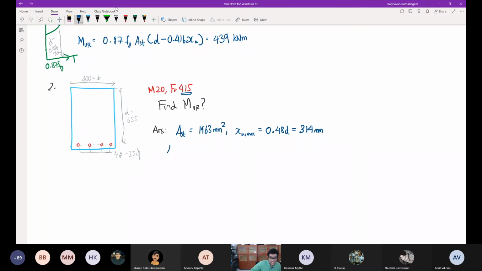Now again the same thing. Let's assume it will be under reinforced, meaning that you can try to find XU by 0.87 FY AST divided by 0.36 FCK B. Now go ahead and proceed to find this.